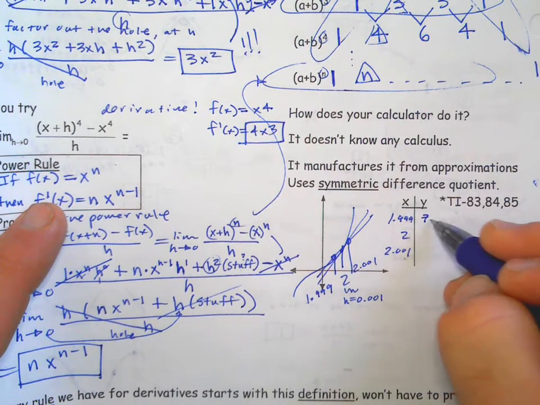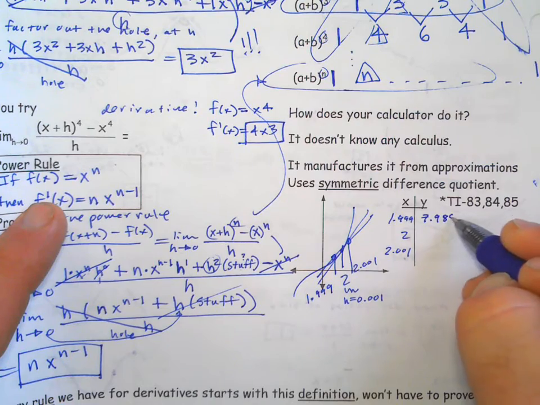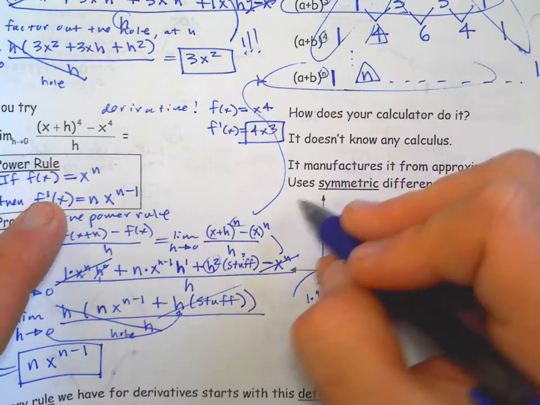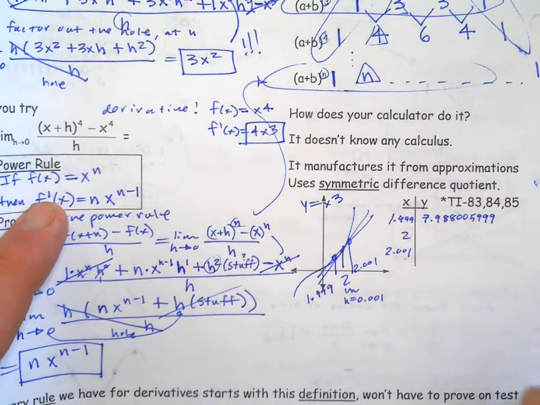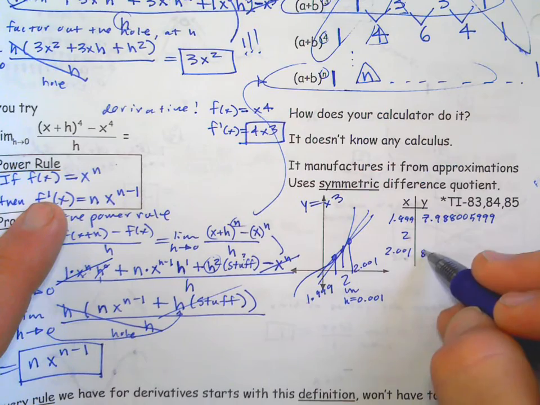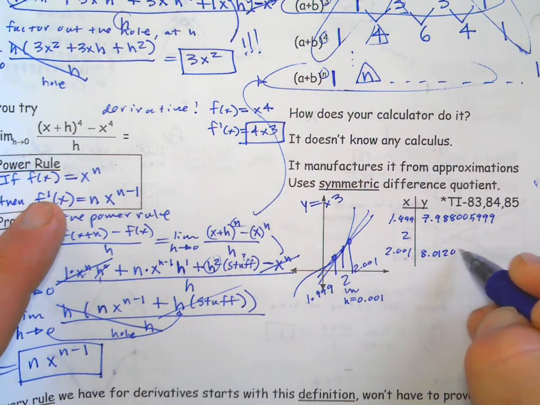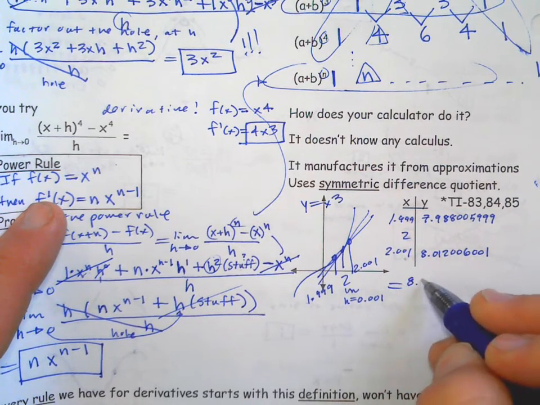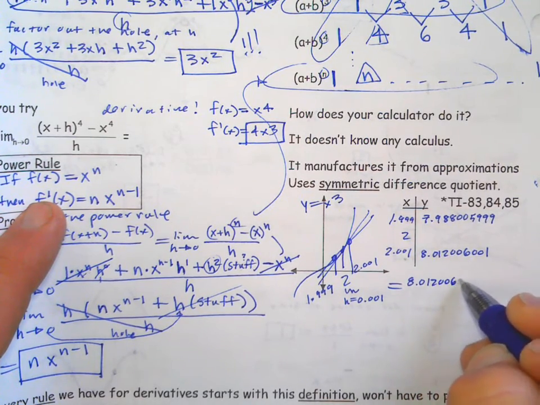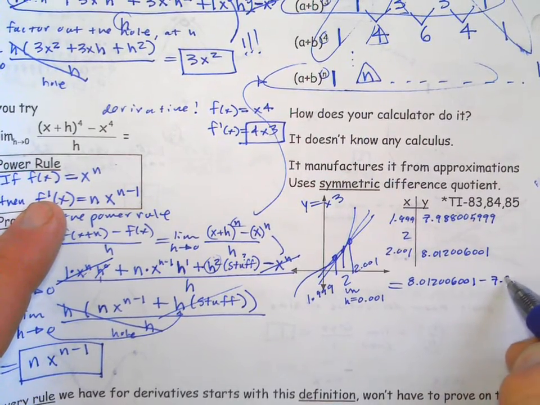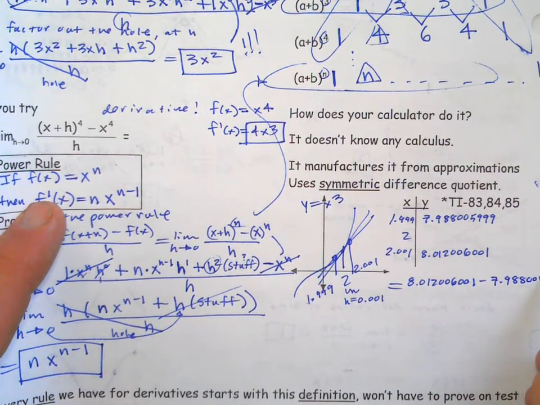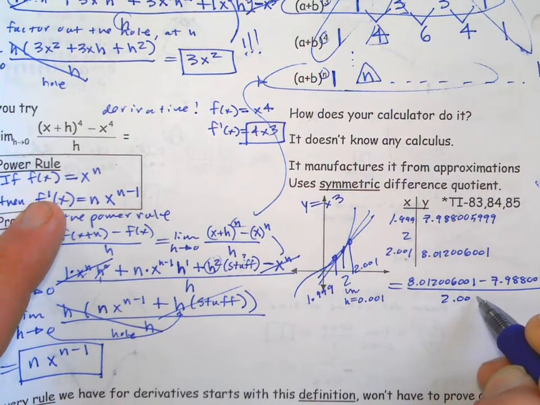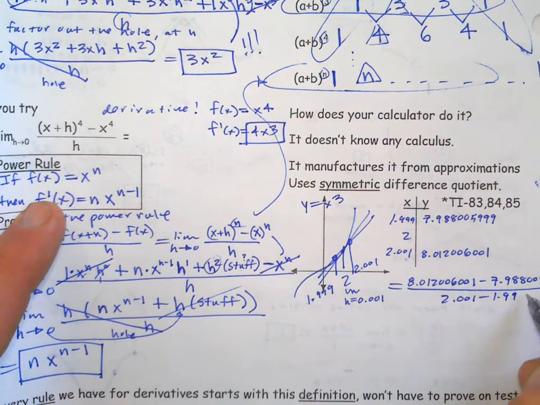Okay, so these are the values that your calculator would have. If we did a little quick table in your calculator with this function, I think I'm doing a y equals x cubed right here. And so this is how your calculator does it. It's not going to show you all this stuff, but it says, okay, well, 8.012006001 minus 7.988005999 over 2.001 minus 1.999.